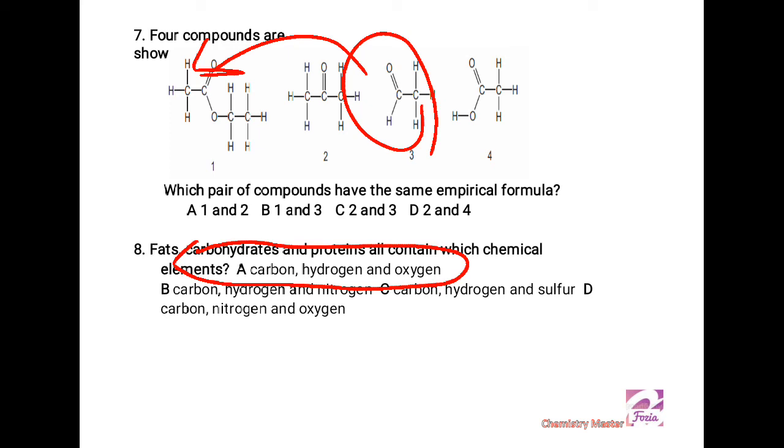Carbon, hydrogen and nitrogen: nitrogen is a compulsory or essential element of proteins, but not of carbohydrates and fats. Simply carbon, hydrogen and sulfur, no condition. Carbon, nitrogen and oxygen, again no condition. So the most suitable elemental composition is that fats, carbohydrates and proteins all contain carbon, hydrogen and oxygen.